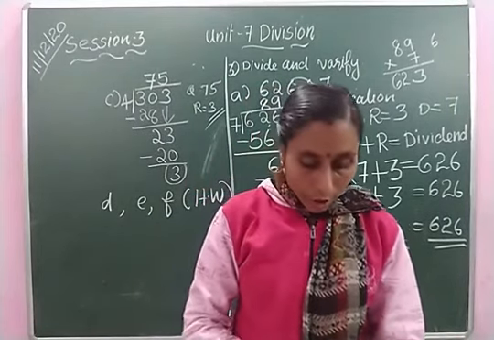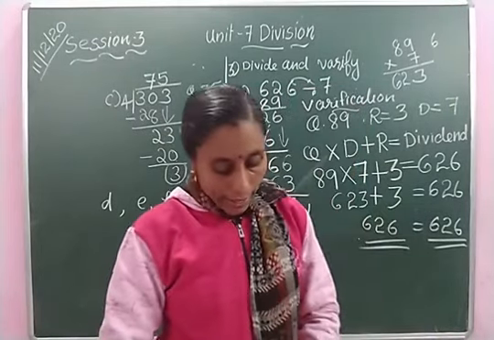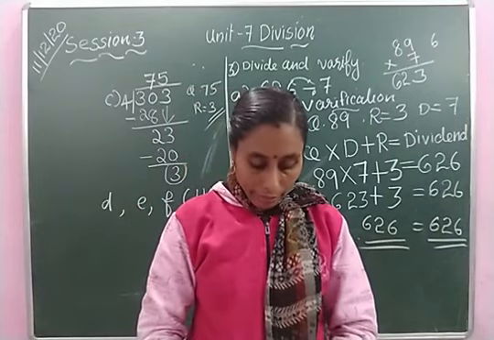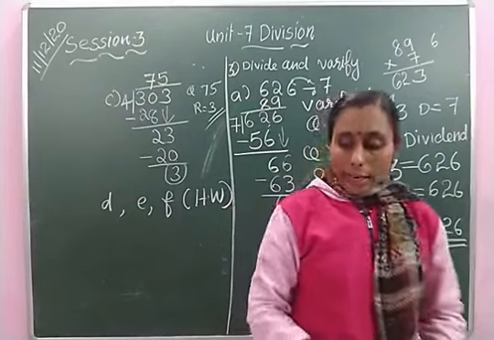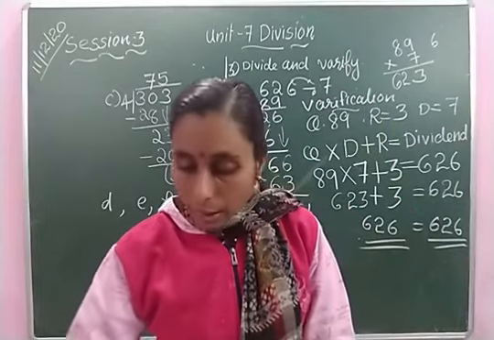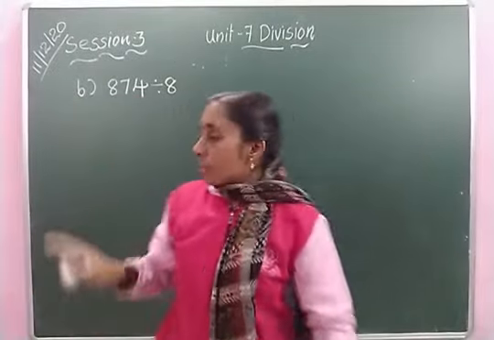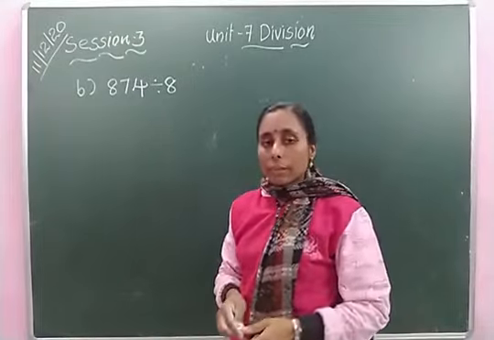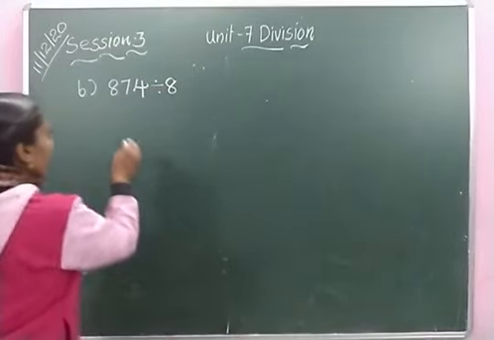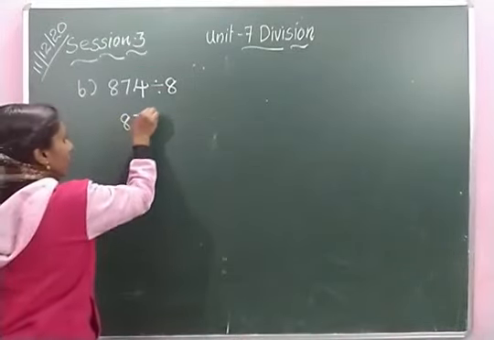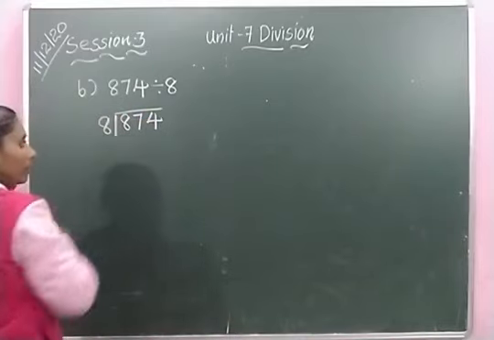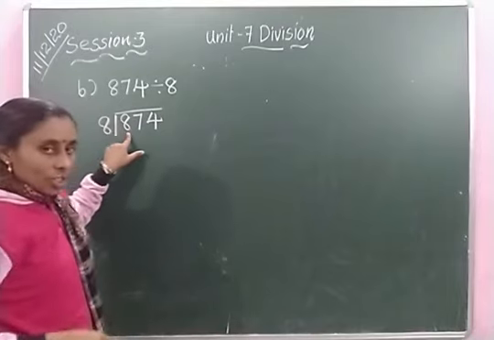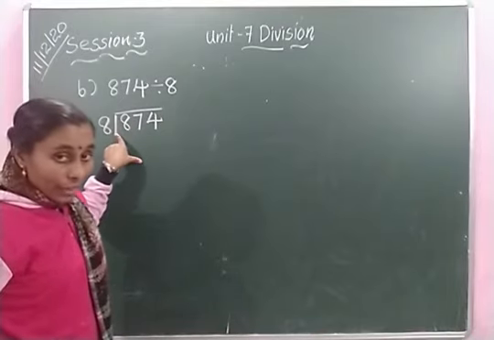Now let's continue with the second question. 874 divided by 8. Here, 8 is equal to 8.